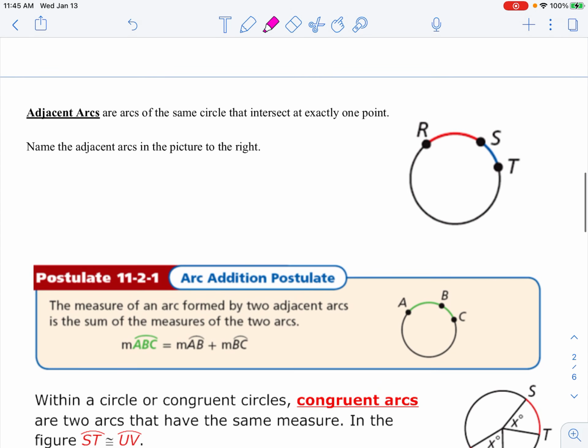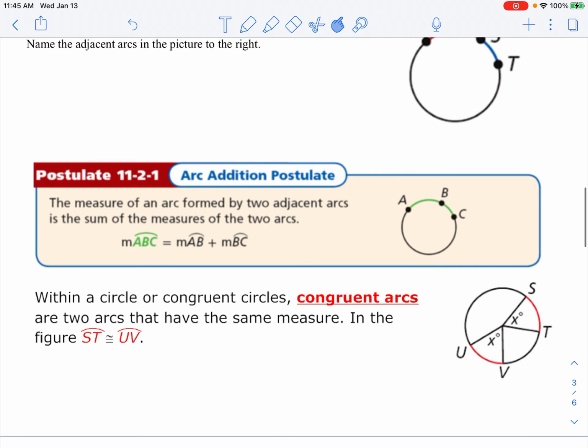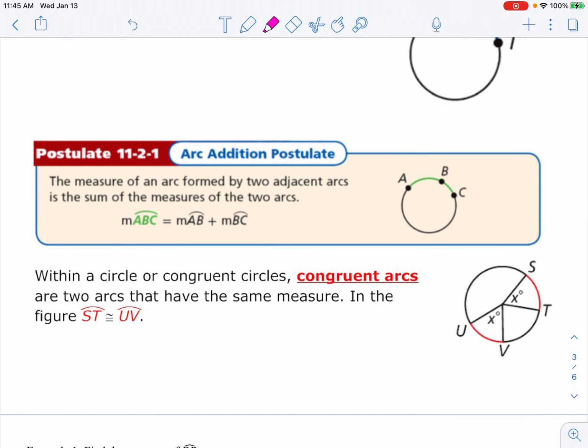Adjacent arcs is not that important, but it's arcs of the same circle that intersect at exactly 1 point. We don't really do a lot with adjacent arcs, but this part right here is going to be big: arc addition.